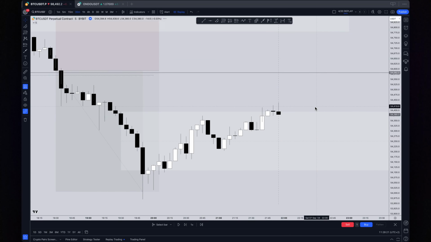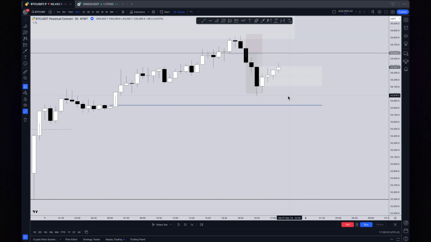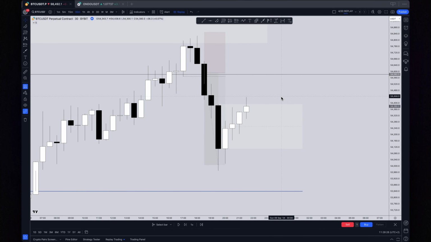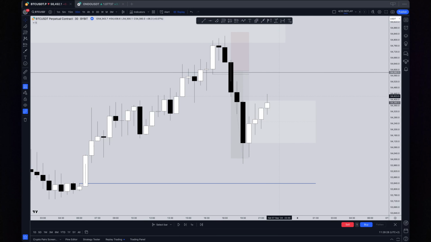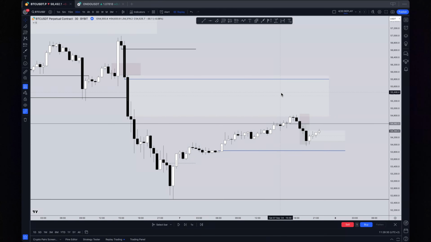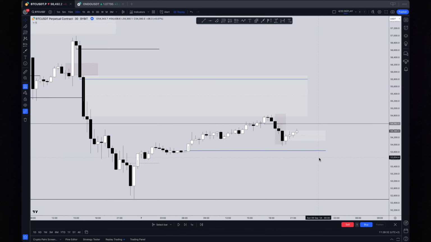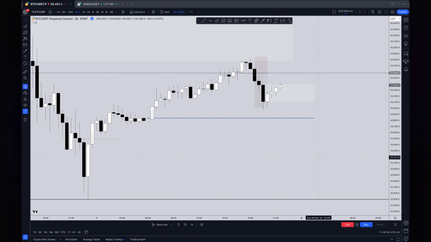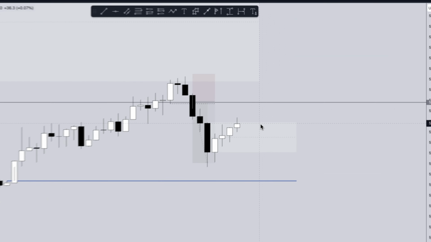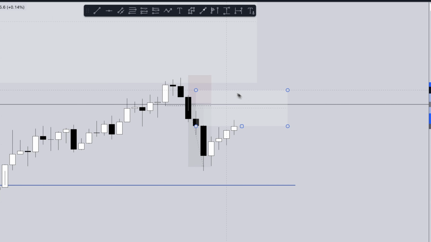Okay, it sweeps and it closes within the level. I'm going to mark this.